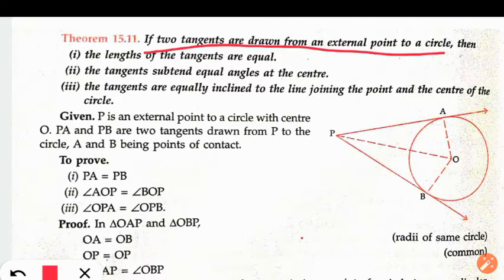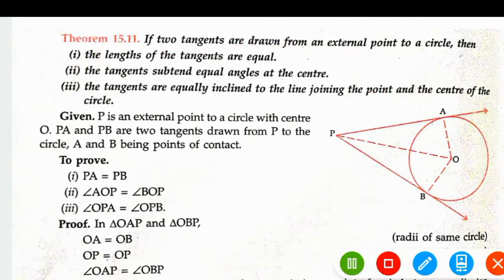Then number one, the lengths of the two tangents are equal. In number two, the tangents subtend equal angles at the center. And in the third one, tangents are equally inclined to the line joining the point and the center of the circle.